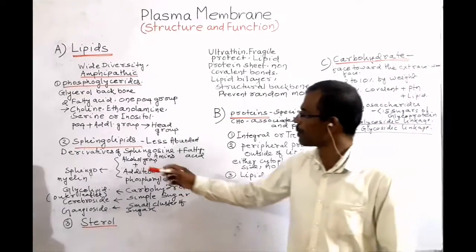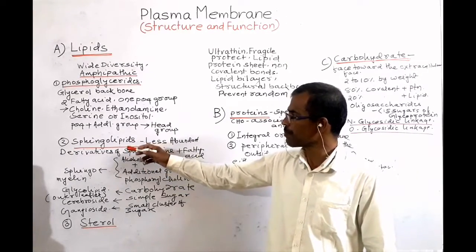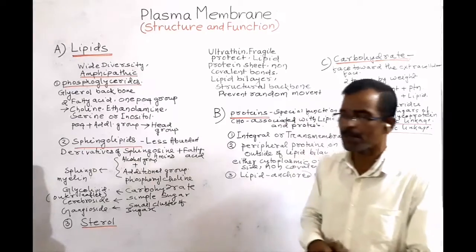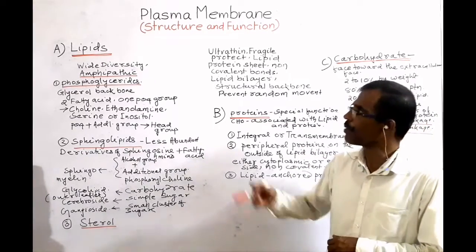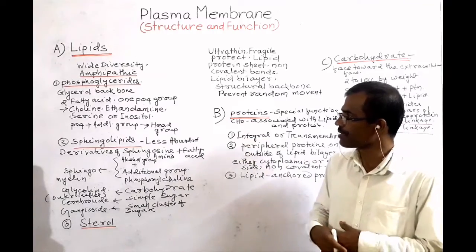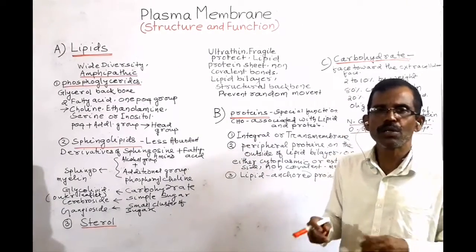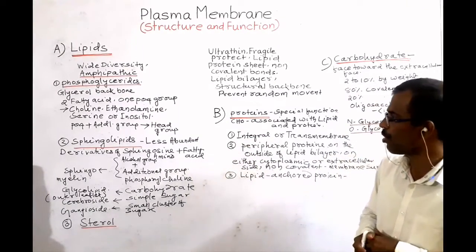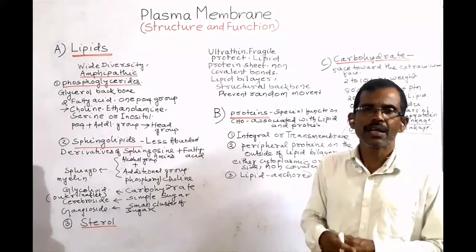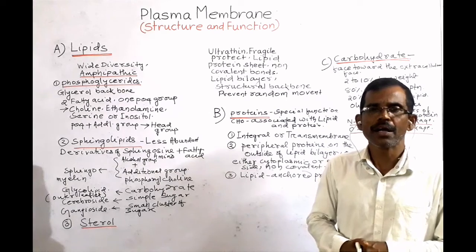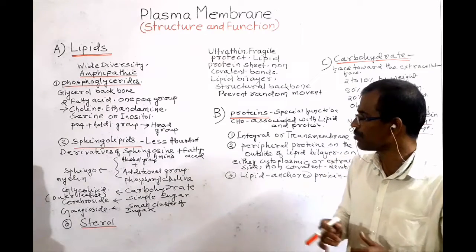The second type of lipid that is present in the plasma membrane is sphingolipids. Sphingolipids are less abundant compared to phosphoglycerides, and all sphingolipids are derivatives of sphingosine. Sphingosine is an amino alcohol having a long hydrocarbon chain.